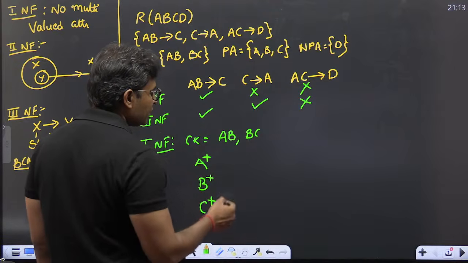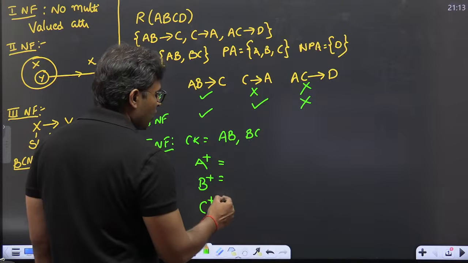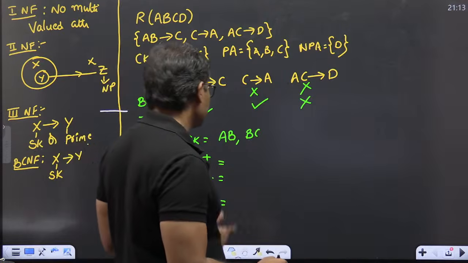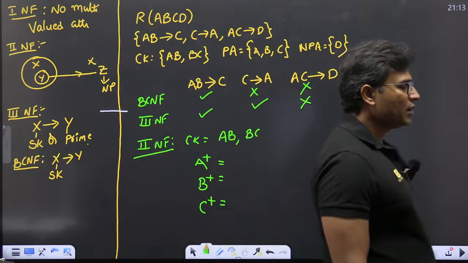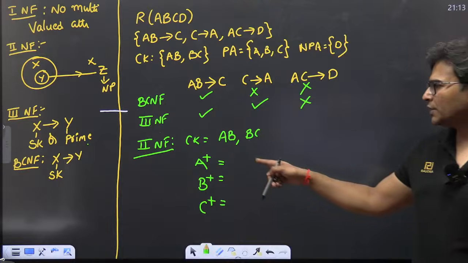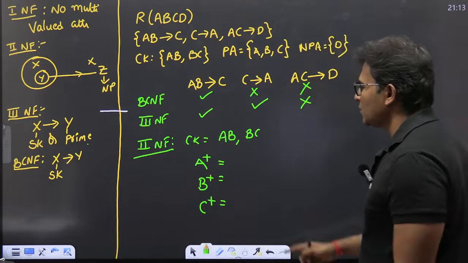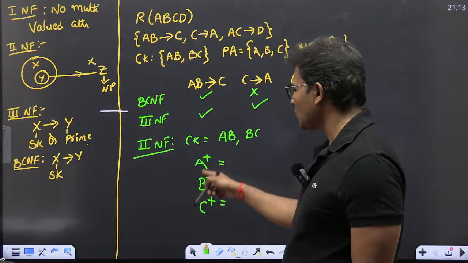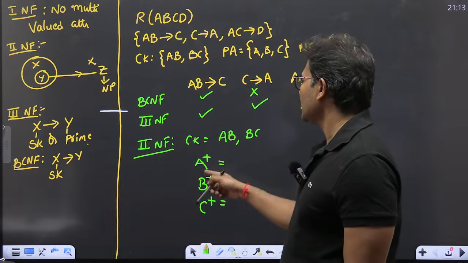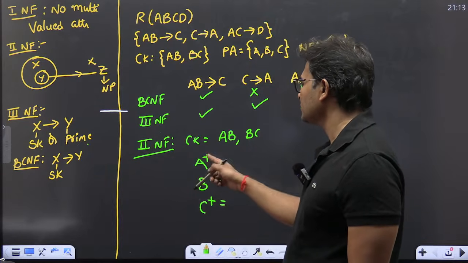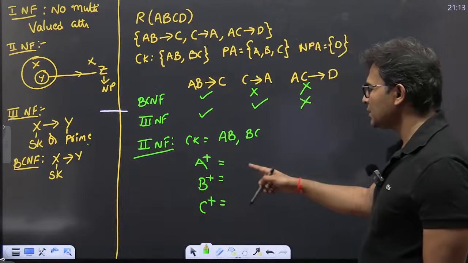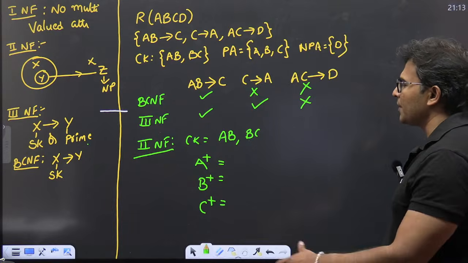All three should give only prime attributes. If we get any non-prime attribute, that is a partial dependency. We are taking parts of the key, and these are called partial keys. Now we take all the partial keys and find out whether they have partial dependencies or not.